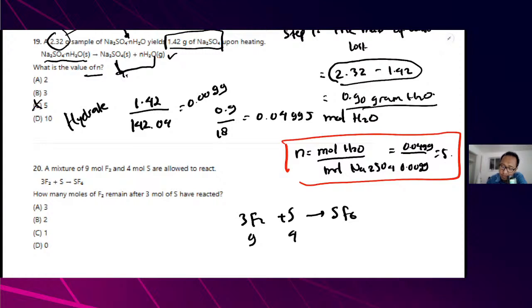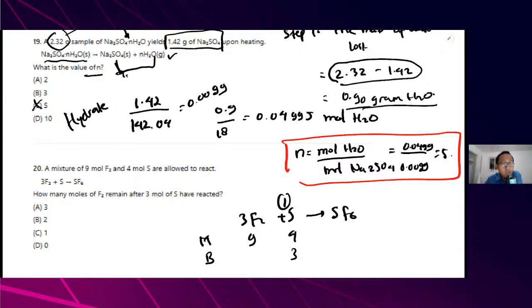Okay, so as you can see from here, 3 mole already reacted over here, and the coefficient is just 1, so we just write it down over here as 3. This is the initial, and then this is the reaction.